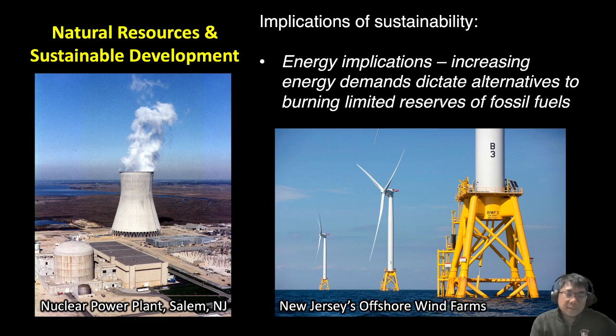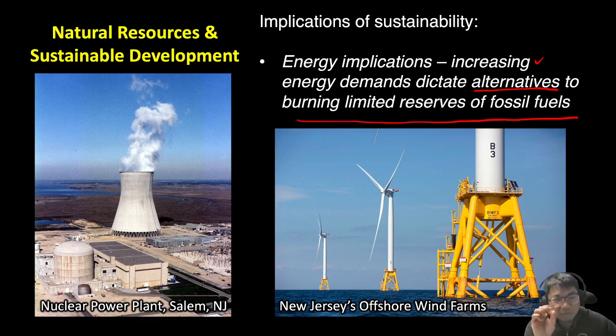The implication is that energy demands are increasing, and increasing energy demands dictate alternatives to burning limited reserves of fossil fuels. Right now, most electricity is generated from burning fossil fuels, and as we will learn later in this course, there is a problem with burning fossil fuels, especially the huge impacts to the environment. So we need to think about alternative energy resources.